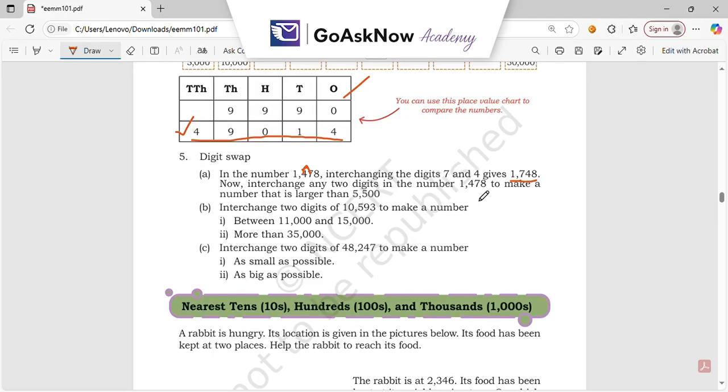Now swapping 1 and 7 leads to the answer 7,418, which is greater than 5,500.